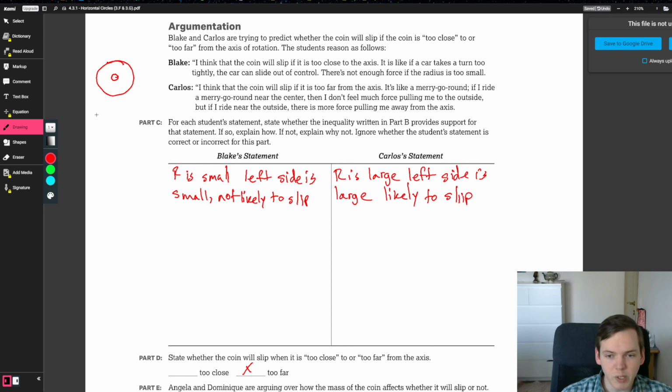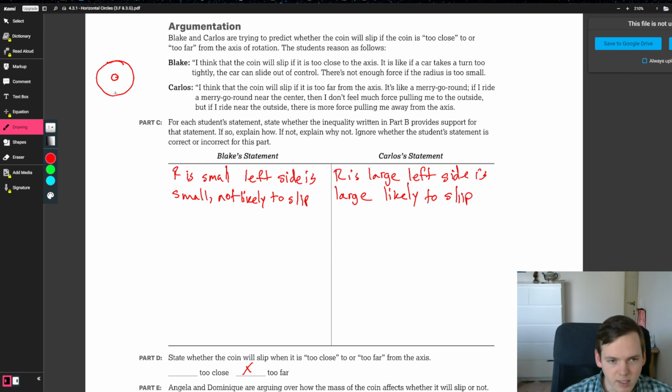So Blake would be right in our previous problem of a car that can set its speed independent of the circle. With the turntable, the speed is set by the turntable. So in other words, the closer you are, the smaller v will be. The farther out you go, the larger v will be.